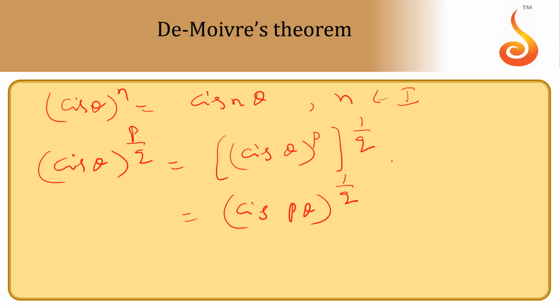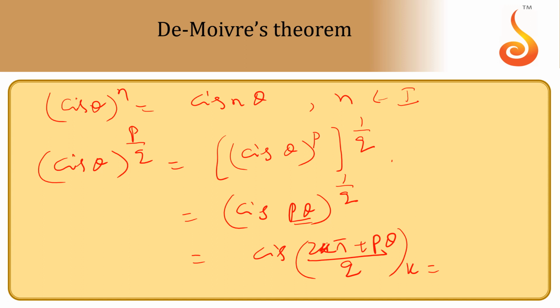So you know that (cis p theta) whole power 1 by q will have q values. They are called the qth roots of cis p theta. So they can be evaluated like this: cis of (2k pi plus p theta), generalizing the amplitude, divided by q, where k can be any q consecutive values.